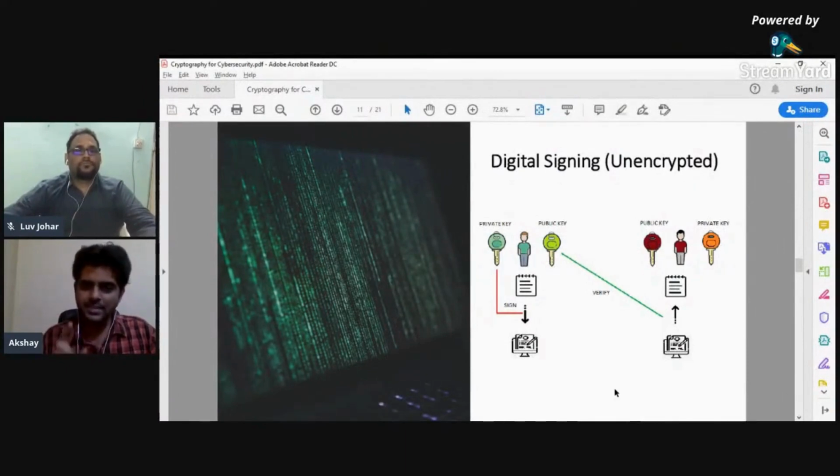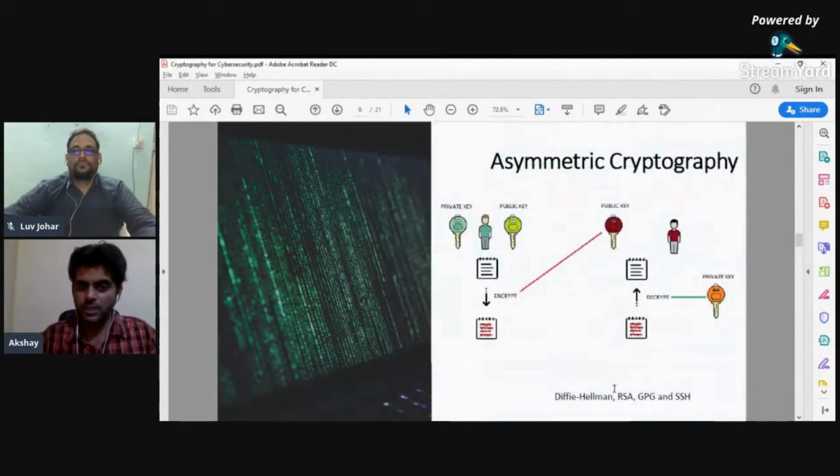Previously, for encryption, A was using the public key of B to encrypt the message and get a ciphertext, and B was using his private key to decrypt it. I hope everybody is okay with this. The public key was used for encryption and the private key was used for decryption.